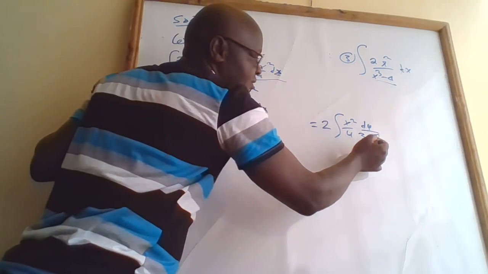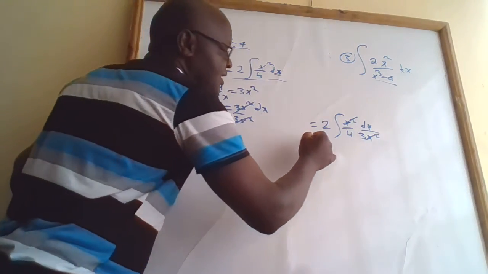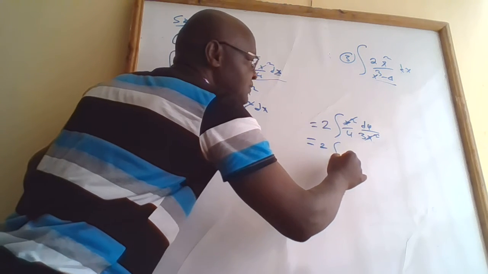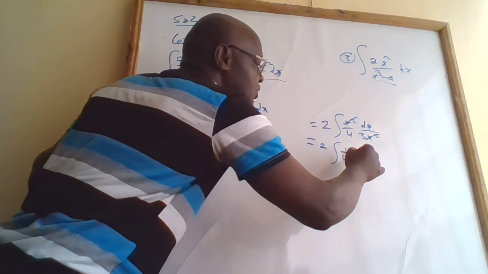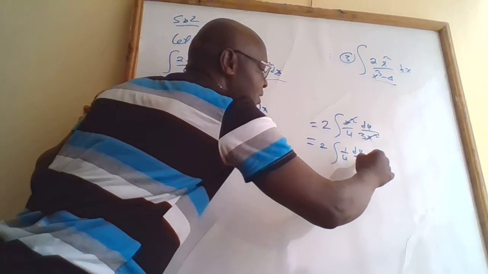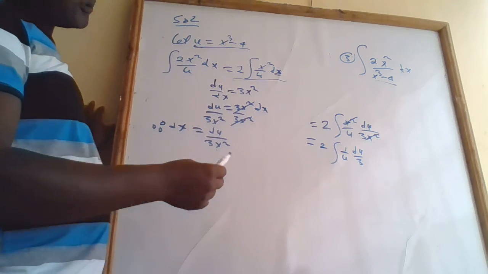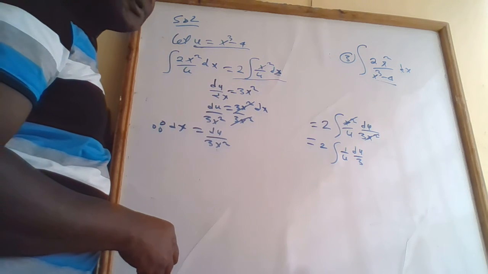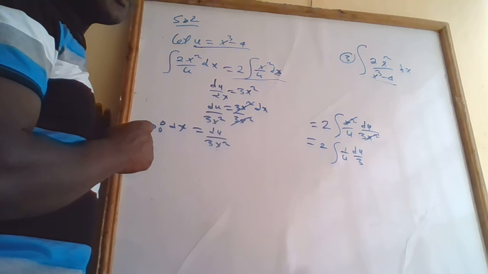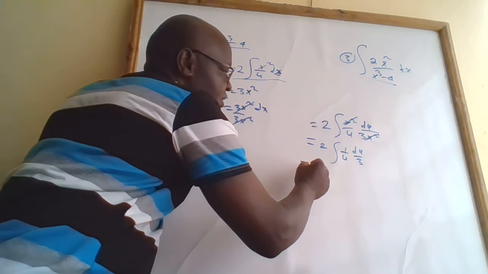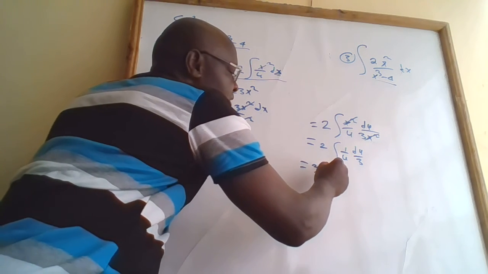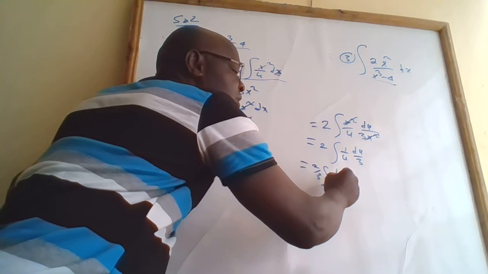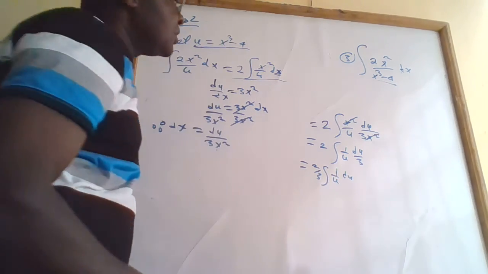So x squared will cancel the x squared, and then we have 2 the integral of 1 all over u, then du all over 3. So from there you can easily spot that there is a constant which is 1 all over 3. We take it out of the integral sign. So here we have 2 all over 3, the integral of 1 all over u, then du.